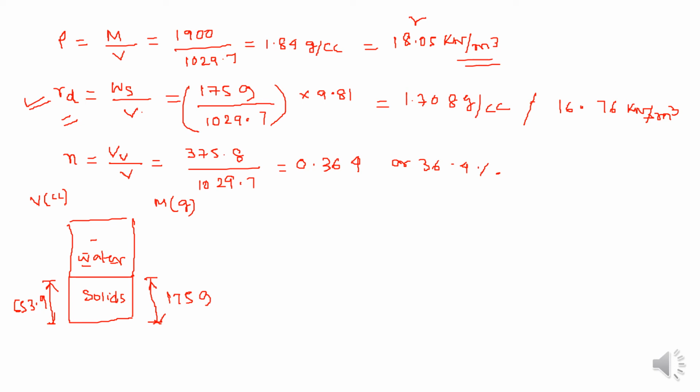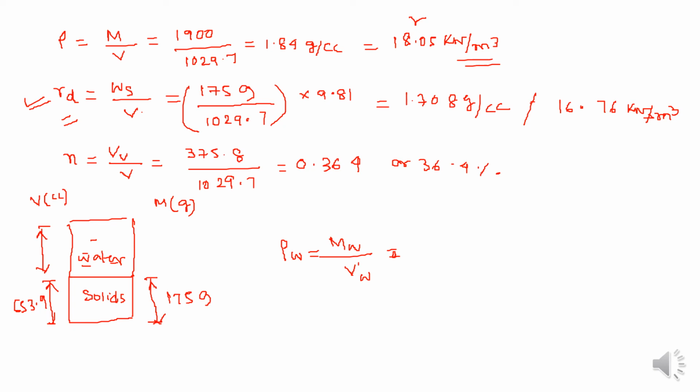Now what is the mass of water? We recall the density of water is equal to mass by volume, that is mass of water divided by volume of water, right? So we need to find the mass of water, while we know the volume of water. How do we know this? Because from the previous diagram we have already calculated the volume of the voids.